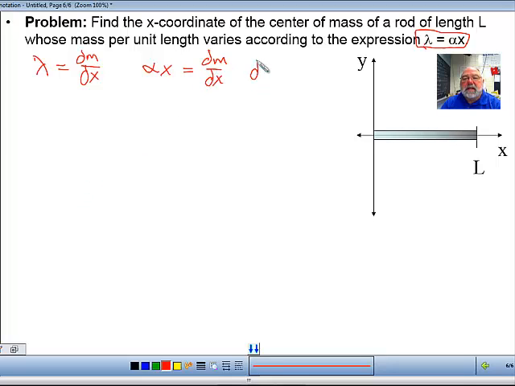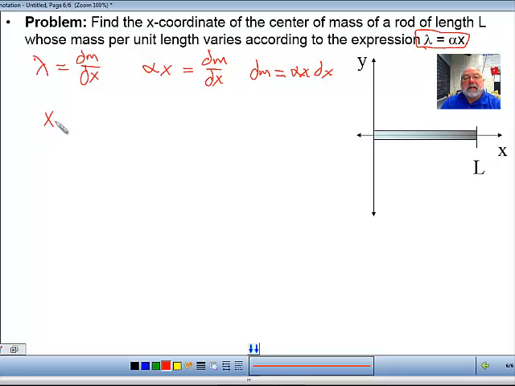Well, that means that dm is equal to alpha x dx. And what's mass equal to? Well, if we were to take the integral of both sides, that would give us our mass. Okay, we'll have to do that a little bit later on. So for now, I'm going to take those away so we don't get confused.